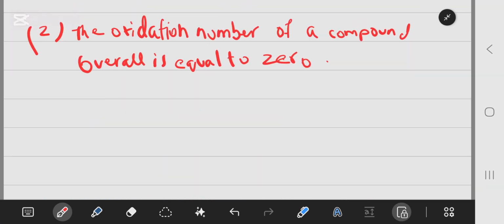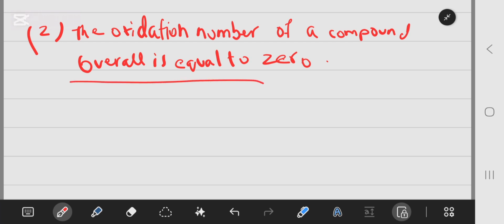Whenever we are dealing with a compound, its overall oxidation number is equal to 0, no matter the nature of the compound. Whether it's a metal, a non-metal, covalently bonded, or ionically bonded, it does not matter. So we are now done with the second point.